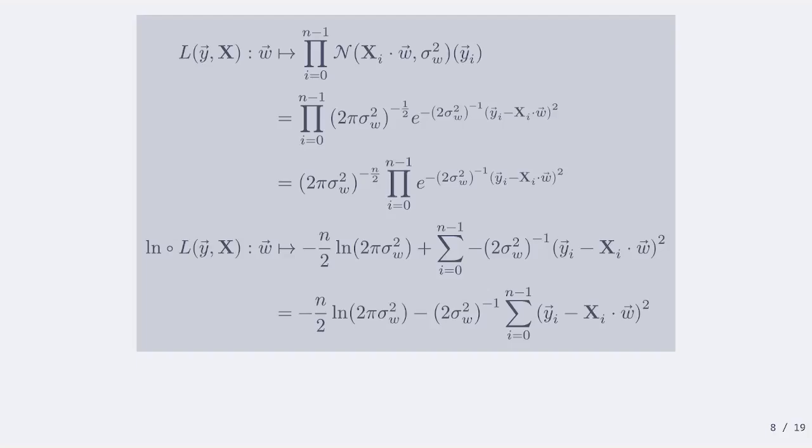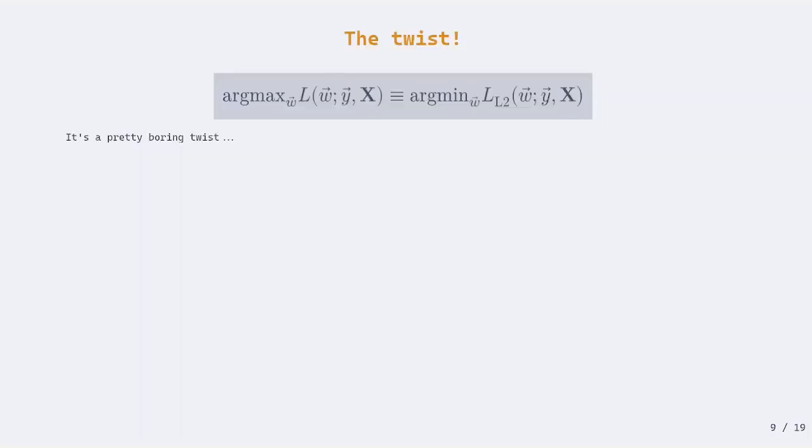And what we're saying is that we take the logarithm and then pull out some extra constant factors, and what we have on the bottom right is this sum of squared errors. That's right. Here's the twist. It's a pretty boring twist, but the L2 loss is equivalent to maximizing the log likelihood.